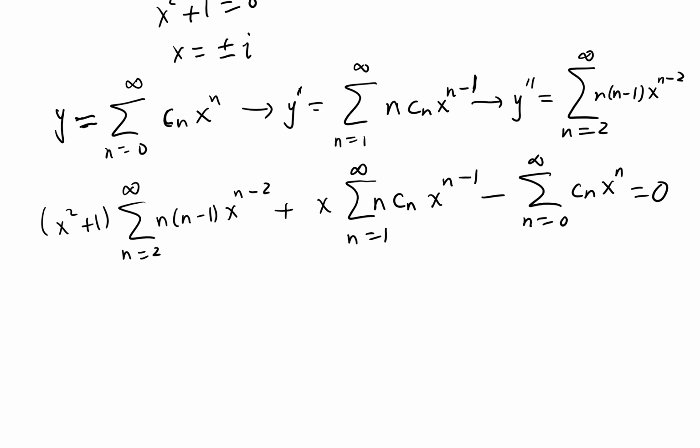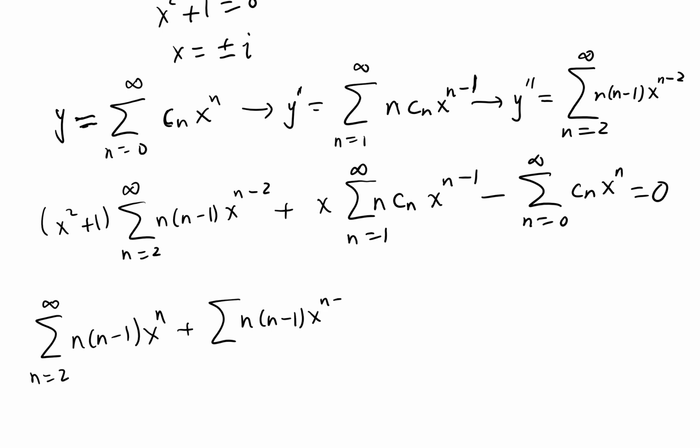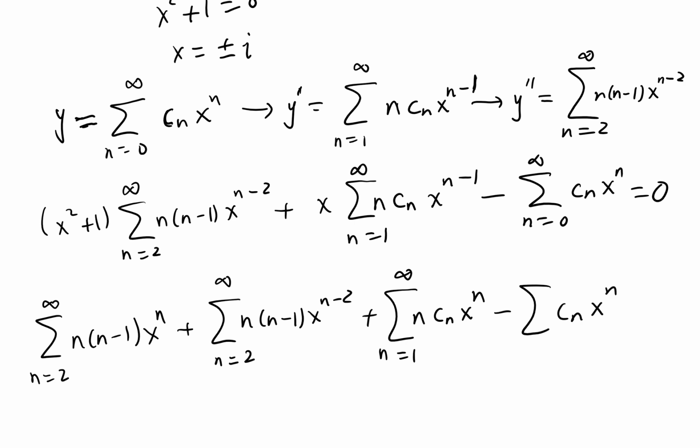Now we can multiply this out. We get the sum from n equals 2 to infinity of n(n minus 1) x to the n, plus the sum from n equals 2 to infinity of n(n minus 1) x to the n minus 2, plus, multiplying in the x, the sum from n equals 1 to infinity of n c_n x to the n, and keep the last one the same.